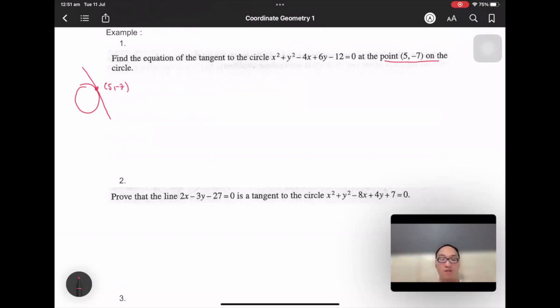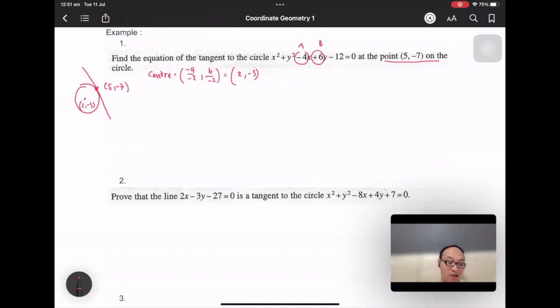Now, to find the gradient of the radius, we need to know the center of the circle. From this equation, this is A and this is B. So the center is (negative 4 over negative 2, 6 over negative 2). So the center is (2, negative 3).